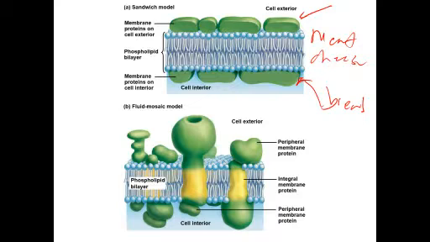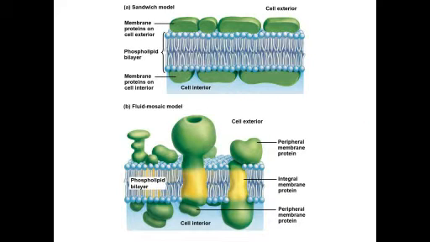Your proteins are found on the exterior, and your phospholipids are found on the interior. And we know this isn't the case. We know that you have proteins that are found on the periphery, and we know we have proteins that cross the entire membrane structure.